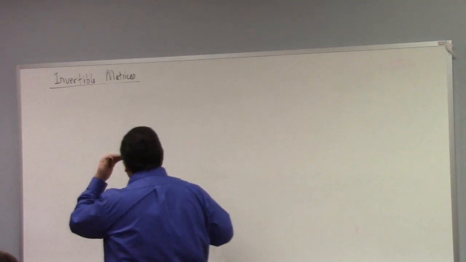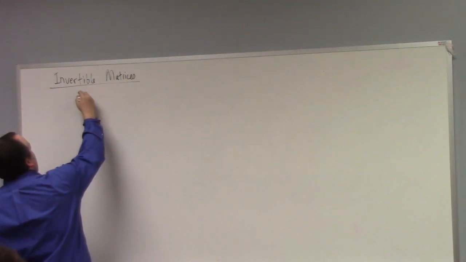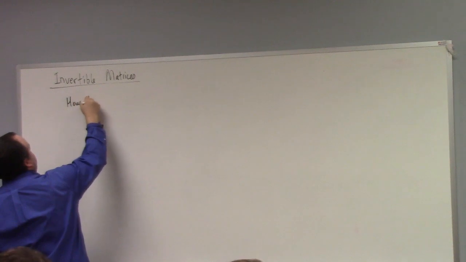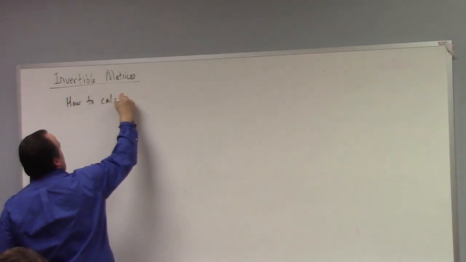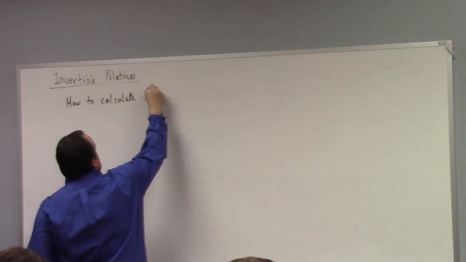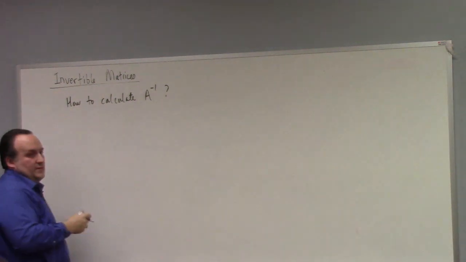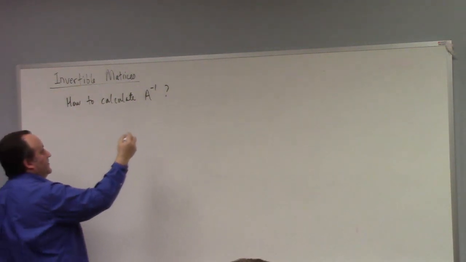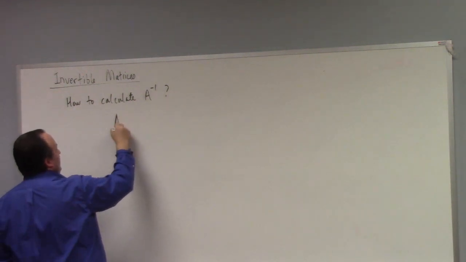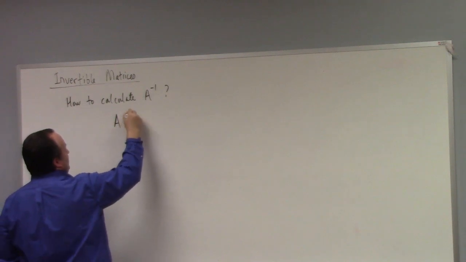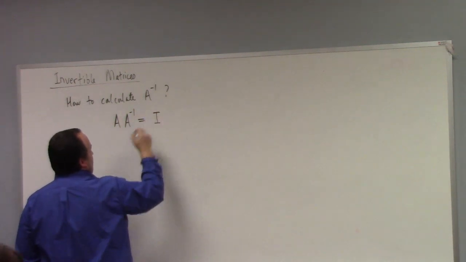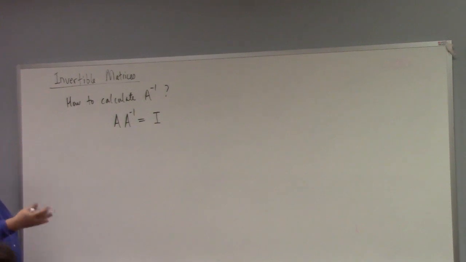So how to calculate the inverse? Let's state the problem. Let me write out the problem. What we're looking at is to find A times A inverse equals the identity matrix, right? What is this problem, though?